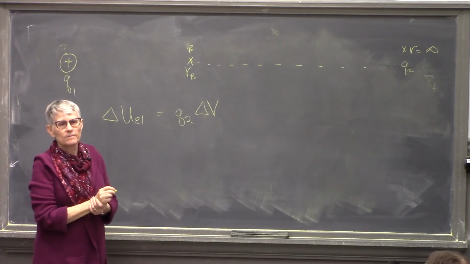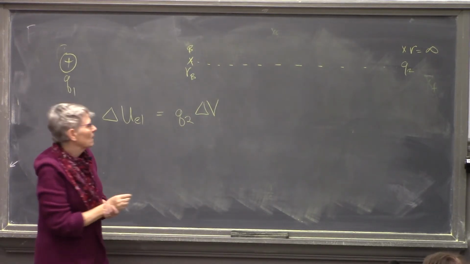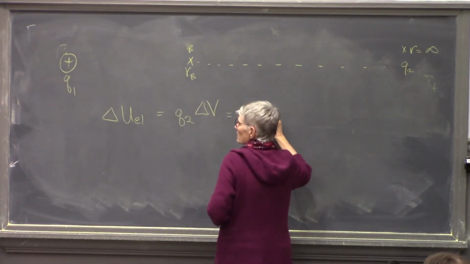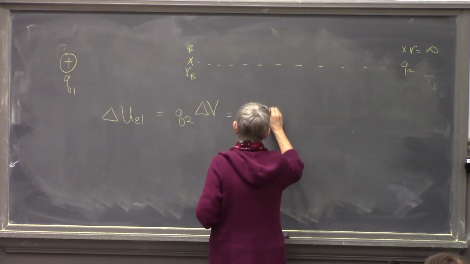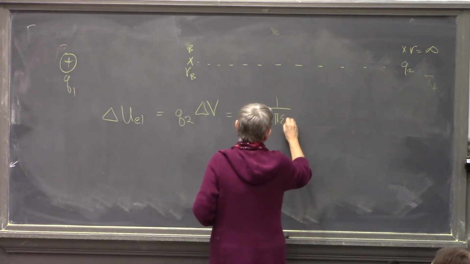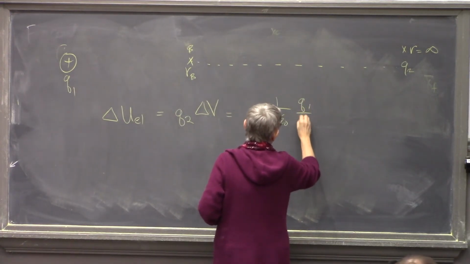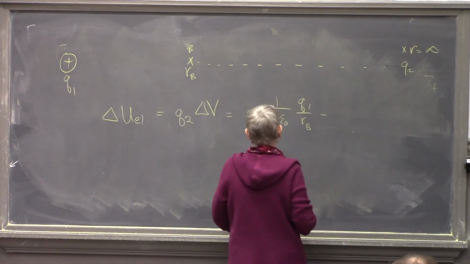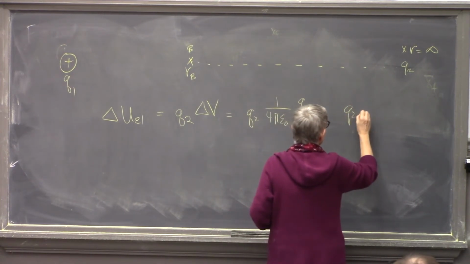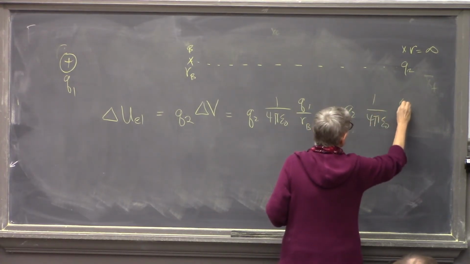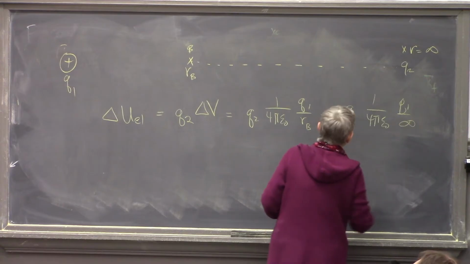That gives us q2 times 1 over 4 pi epsilon 0 q1 over r sub b, minus q2 times 1 over 4 pi epsilon 0 q1 over infinity.